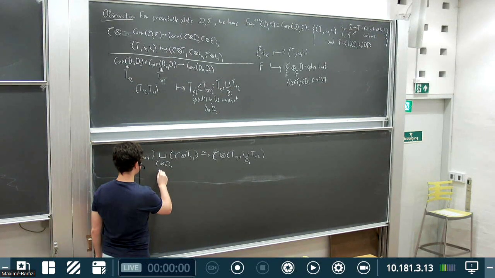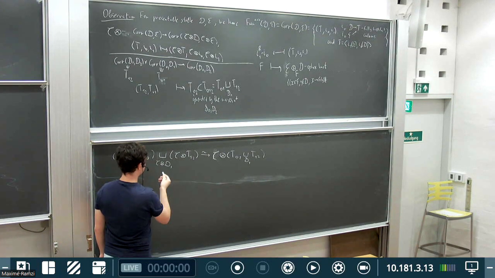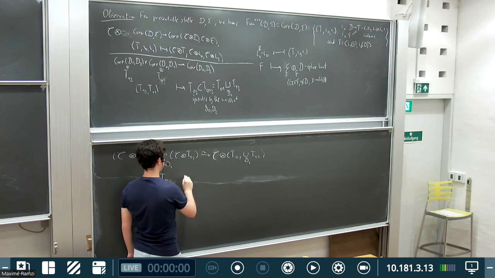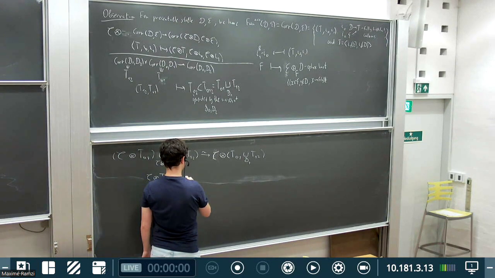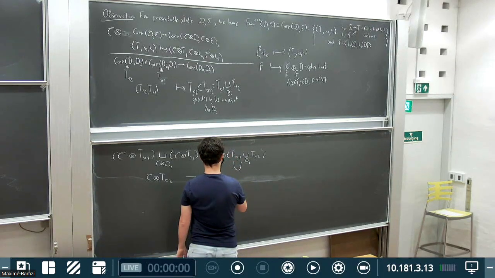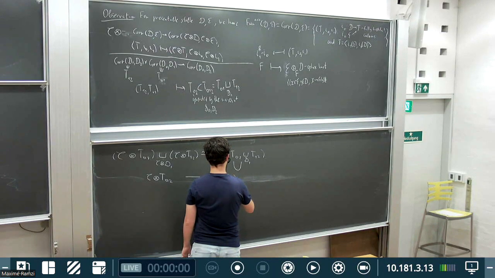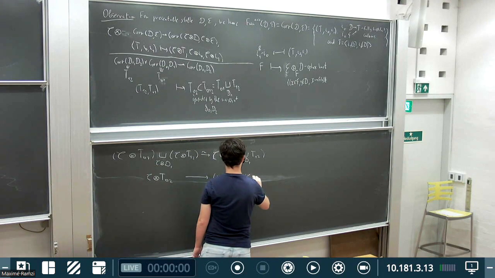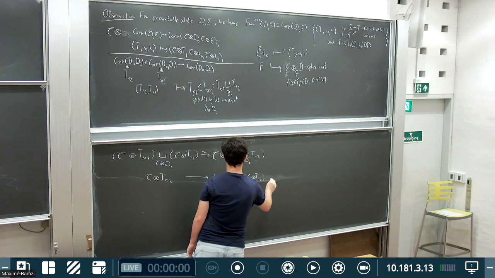so we have a functor from C tensor T02 to the full subcategory here, which is C tensor T01 composed with C tensor T12.